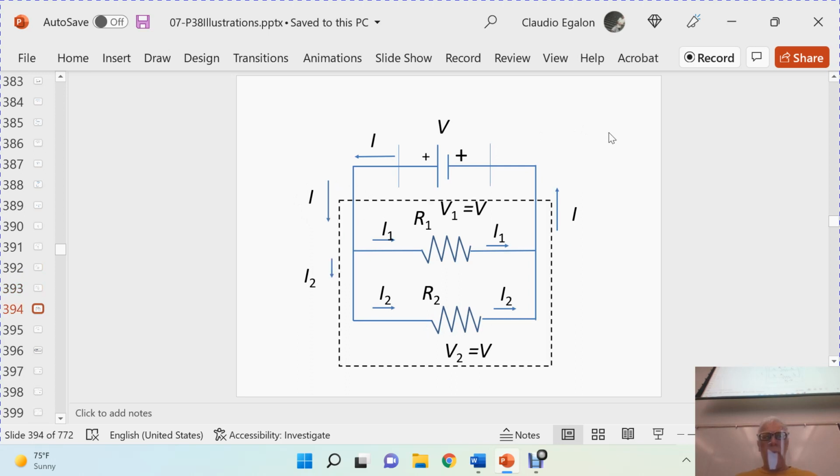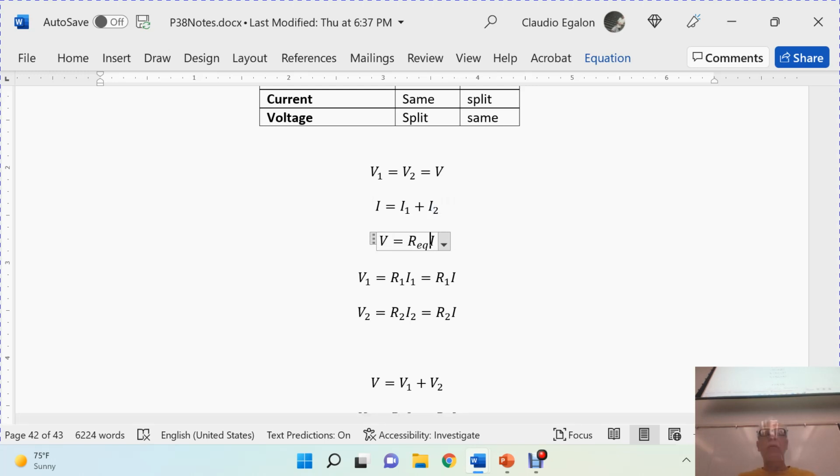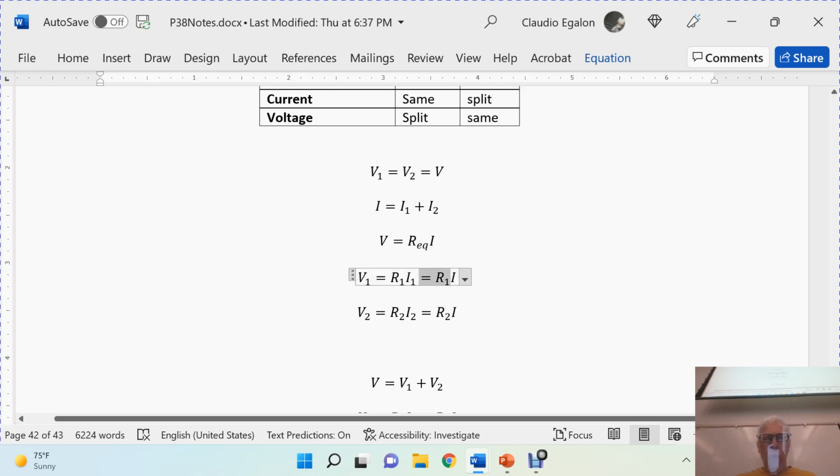V1 equal to V2, right? So let's continue. Okay, we still use Ohm's law, but now I'm going to use Ohm's law in such a way. Don't forget this R would be the equivalent resistance, and I is going to be the net current that exits the battery. So we're going to use Ohm's law again, but now for each resistor separately. V1 is R1 I1, and V2 is R2 I2.